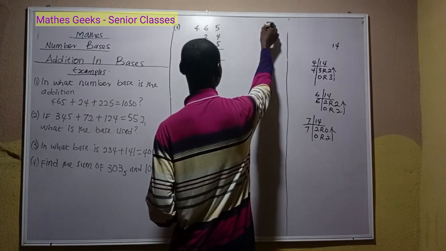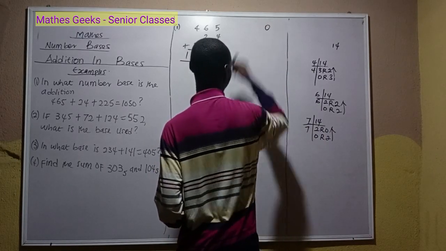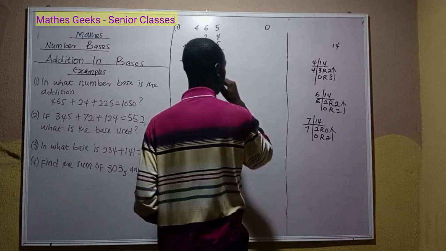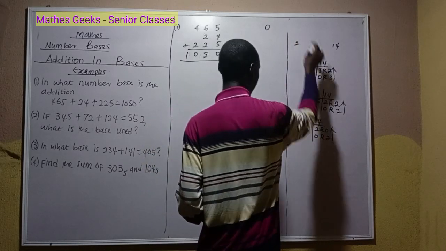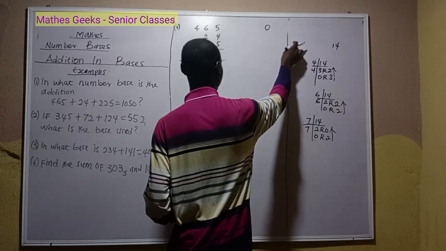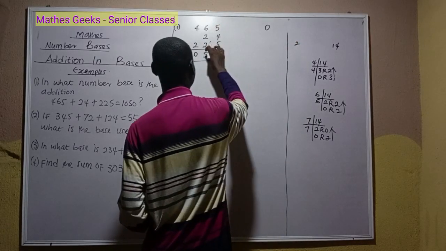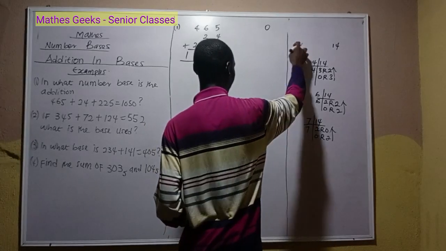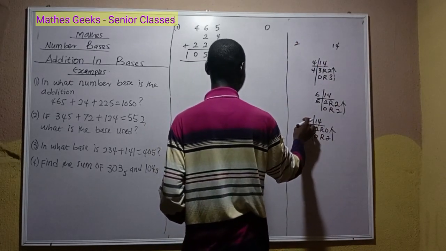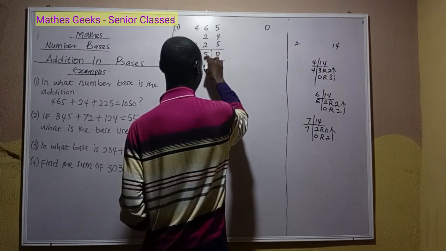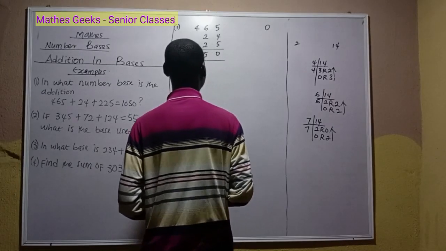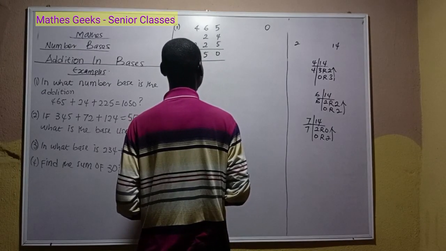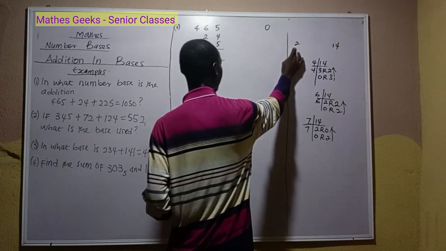So if I have this 0, this is the first digit of the answer. I have 2 here, so I'll carry over 2. Let me see if I add all these digits and find the equivalent in base 7. Let me see if I'm going to have 5. So 6 plus 2 gives me 8, 8 plus 2 is 10, 10 plus 2 is 12.